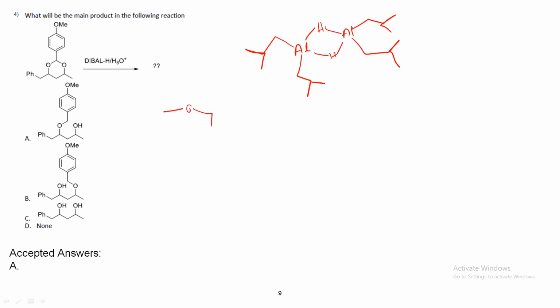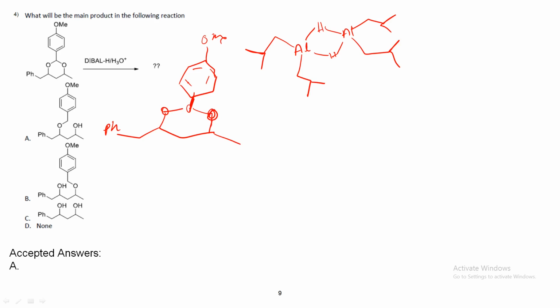So let me write the starting material. This is our reactant, with the oxygens there. One unit would be the reactant. You can see these are not two symmetrical oxygens, because on one side we have phenyl and on the other we have methyl.